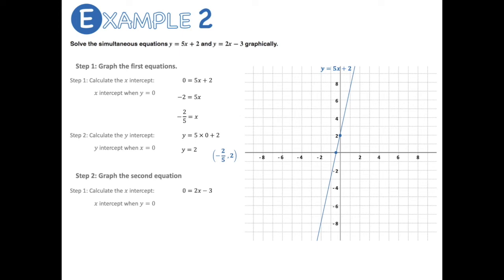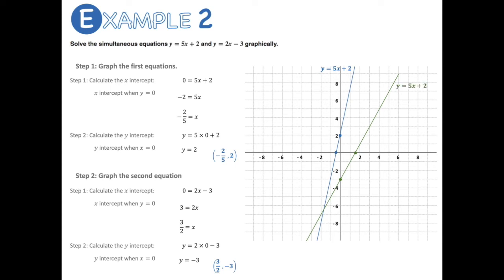Calculating my x-intercept when y is equal to 0, my x-intercept is going to be 3/2. Calculating my y-intercept when x is equal to 0, y is going to equal -3. So marking in my y-intercept of -3, my x-intercept of 3/2, and drawing in the equation.